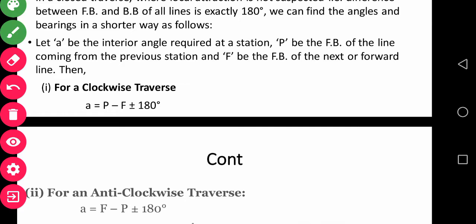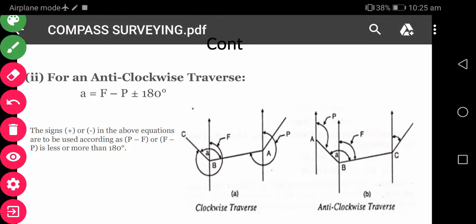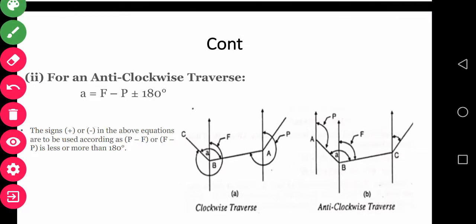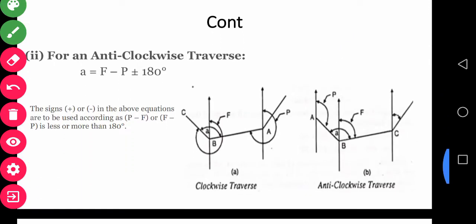P is the forward bearing of the line coming from the previous station. The stations are A, B, C, so the previous station is A. So A to B, the forward bearing for AB is P. This is given, and the forward bearing for the next station is F. The next station is C, so B to C, this is F.